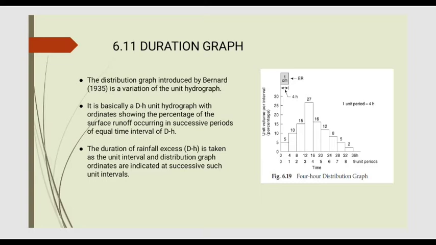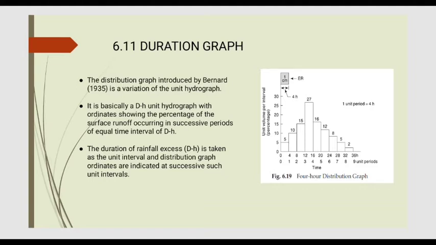Our next topic is distribution graph. The distribution graph, introduced by Bernard in 1935, is a variation of the unit hydrograph. It is basically a D-hour unit hydrograph whose ordinates show the percentage of the surface runoff occurring in successive periods of equal time interval of D hours.